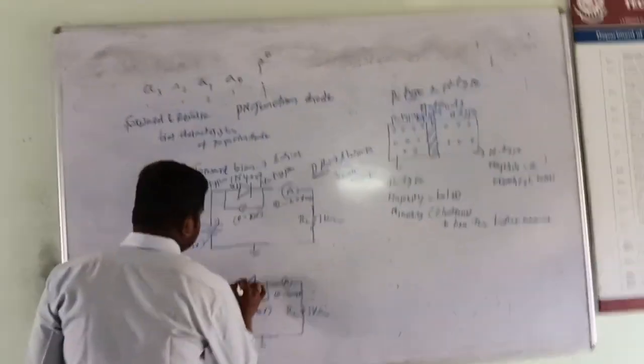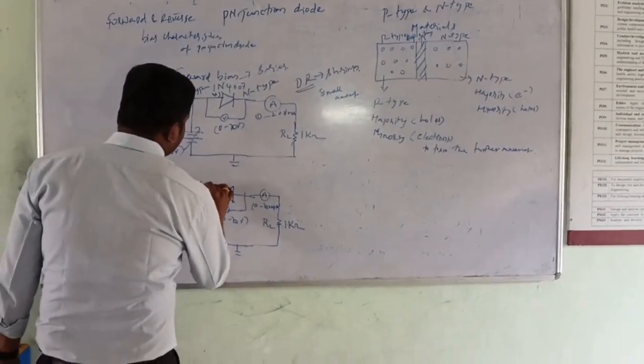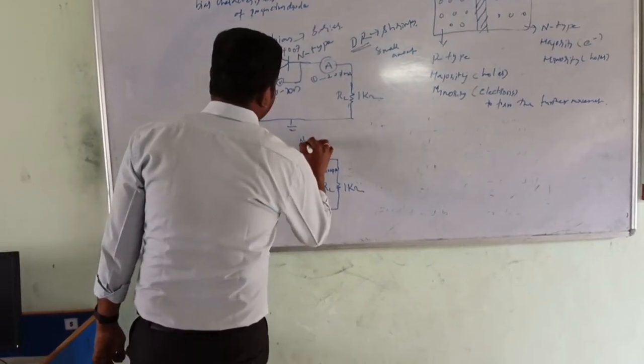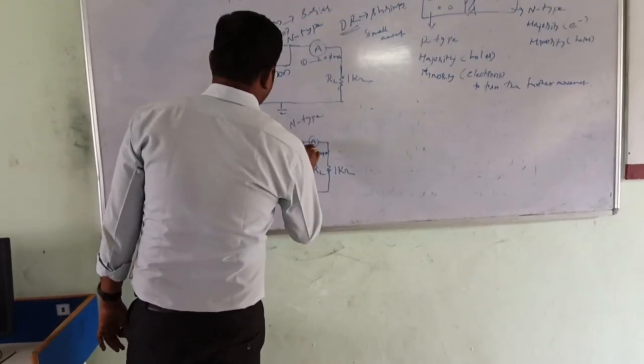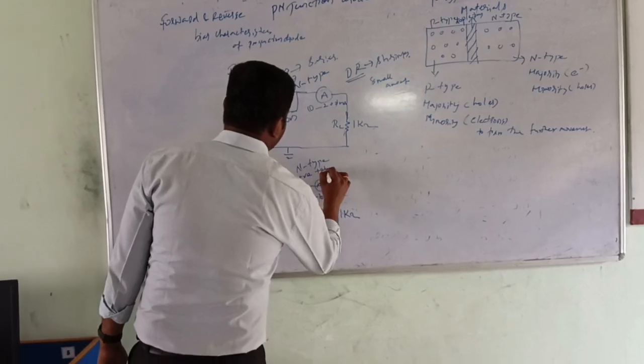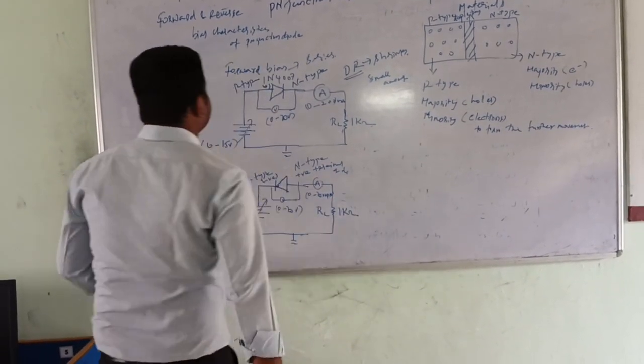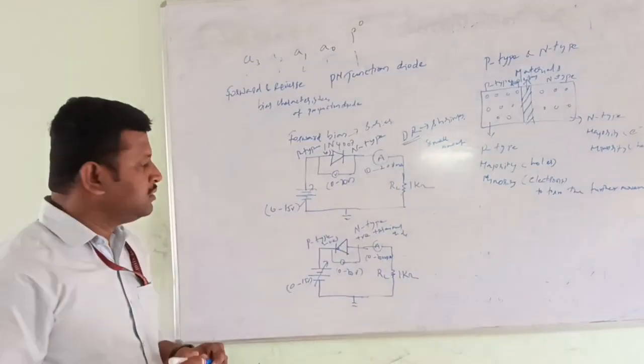Same, the diode is in reverse bias. In the P-type, the negative terminal of the supply is connected, and in the N-type, the positive terminal is connected. Here it is the reverse condition.